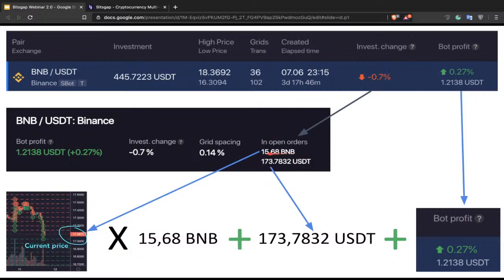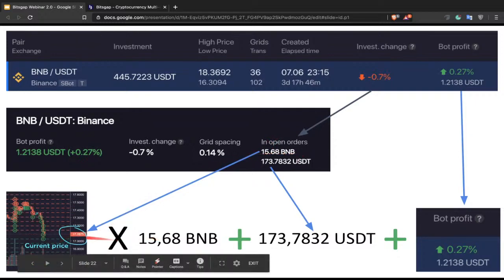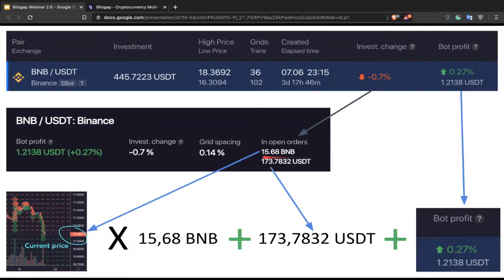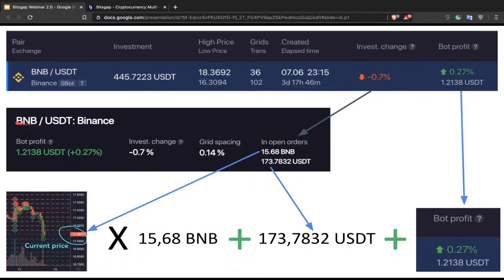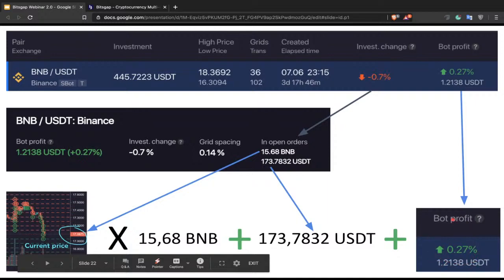If we multiply that amount of BNB by the current price, and the current price at that time was 17.08 for BNB, and then you add the quote currency which is allocated in your buy limit orders, and you also add the bot profit, because the bot was trading for you, it was using your BNB to generate profits in USDT, and here is your generated added value in USDT, and you add it up here as well. So that's the simple formula for how you get the investment value.